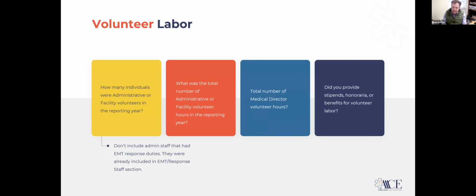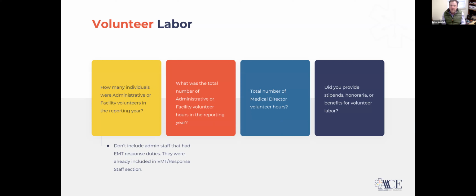Now, one thing just to keep in the back of your head is a lot of the things that might otherwise qualify as stipends or other benefits for volunteer labor would also seemingly fit when we get to some of the later sections of the tool and could be reported there as well. So if you elect to report them in the labor section, which we think is probably the easier way to do this, just be sure that you don't also report it in those later sections.